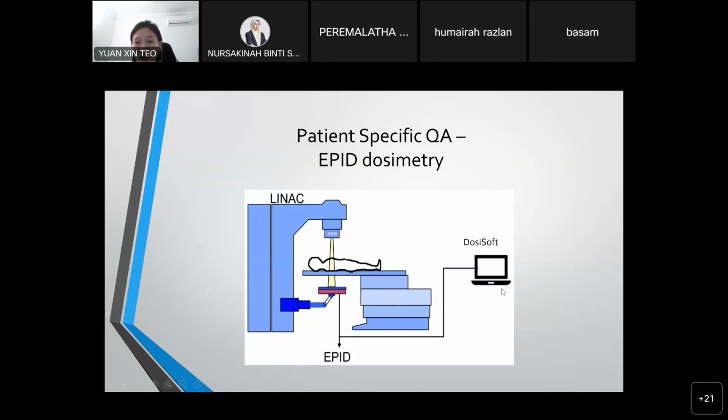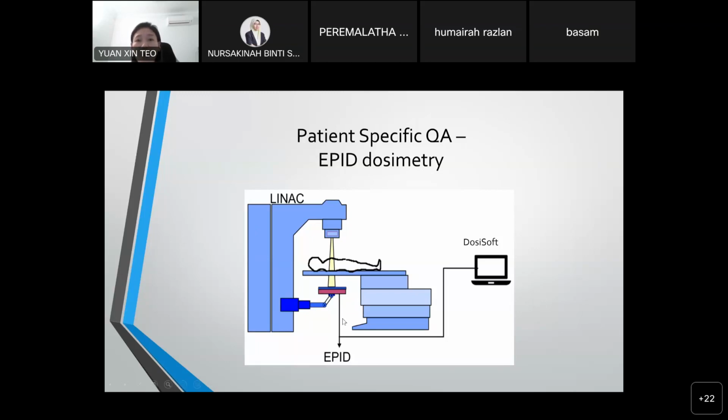there is a software we call Dosisoft. By using the EPID, the panel I mentioned just now, whose function is like film, when the patient is lying on the couch and receiving the actual treatment delivery, this EPID system will simultaneously receive the beam on this panel.